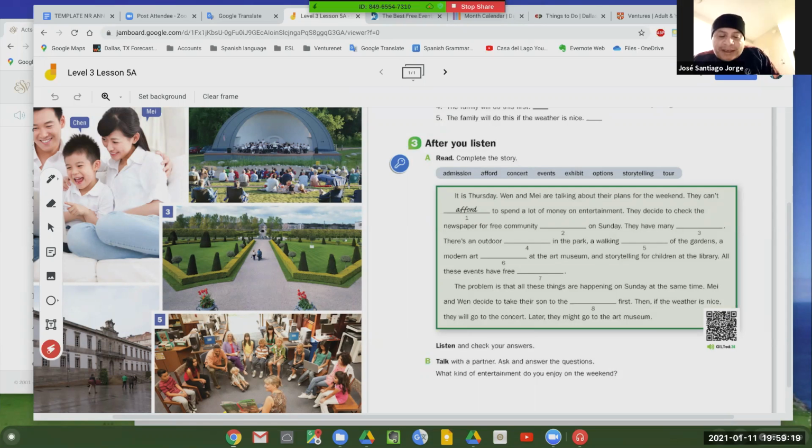All these events have free admission. Okay, good. There's your admission there. So that means there's no charge for that.